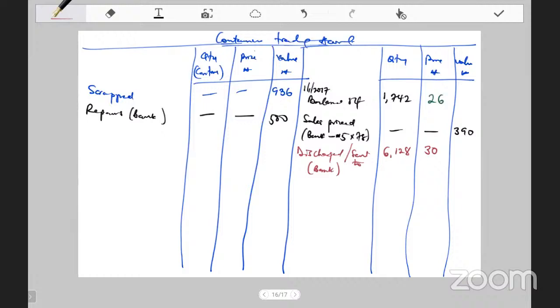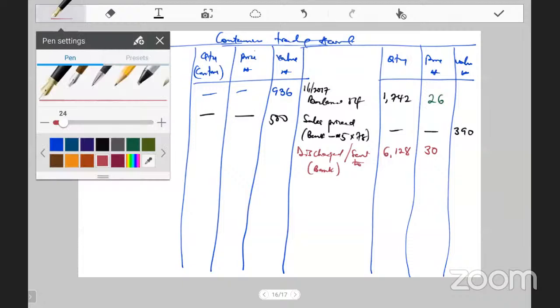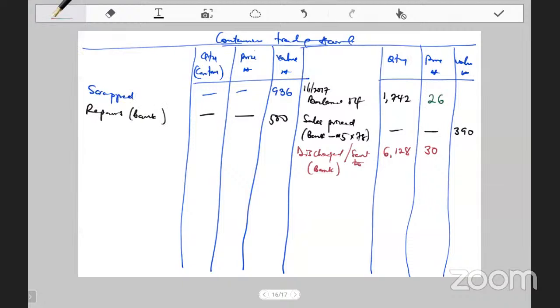Whilst 5,710 were returned during the year. We are now told that they returned some of the goods. So when they are returning, it means that what you're expecting from the customer will go down, and those guys will collect their money. So you come here, you say return.